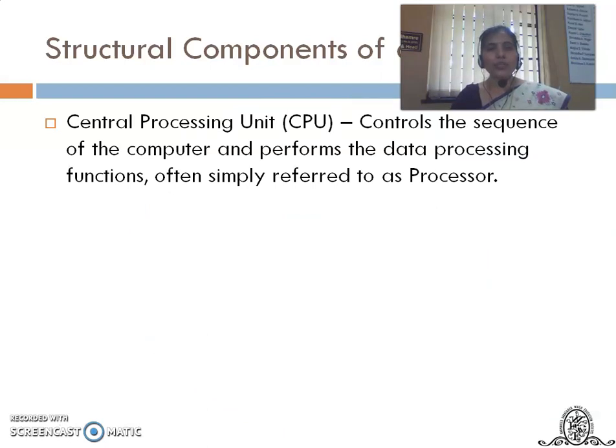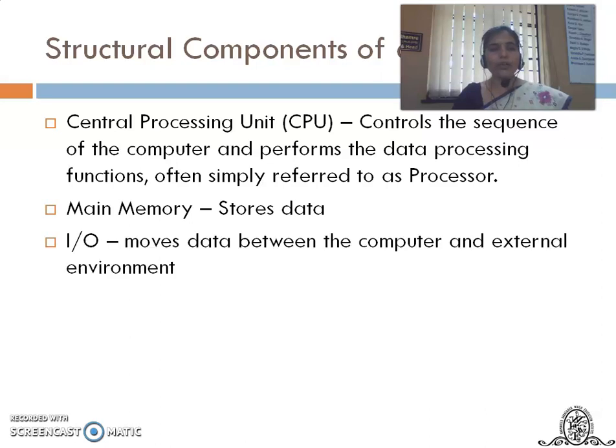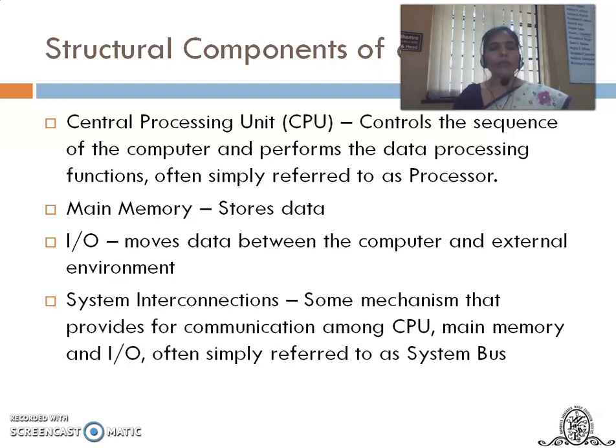The central processing unit controls the sequence of the computer and it performs the data processing functions, whatever are required. Main memory is obviously the memory which is required for storage of data. I/O devices, input-output devices, they move data from the computer system to the external environment.